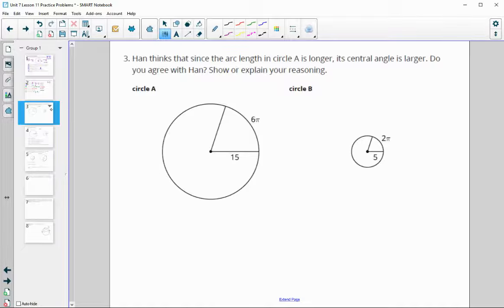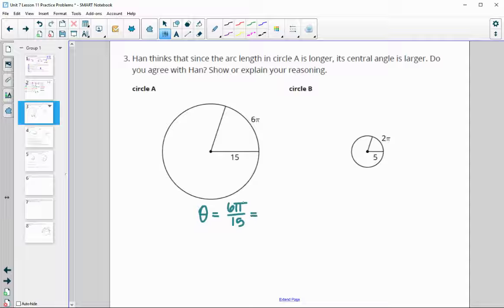All right, number 3, Han thinks that since the arc length in circle A is longer, its central angle is larger. Do you agree with Han? Show or explain your reasoning. Remember that if we're looking at theta in radians, you can define the radian by doing the arc length divided by the radius.